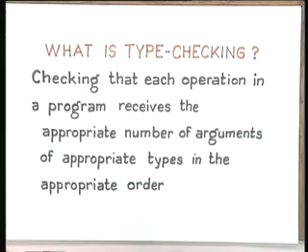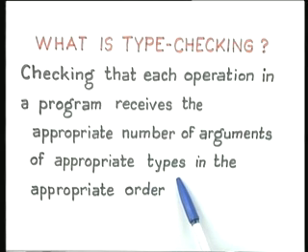The appropriate number of arguments was automatically taken care of in the lambda calculus by the fact that it took arguments one at a time, and as and when an argument was obtained, it would have to type check. Of appropriate types was automatically taken care of in the rules for type checking in the lambda calculus. The appropriate order was also automatically taken care of.